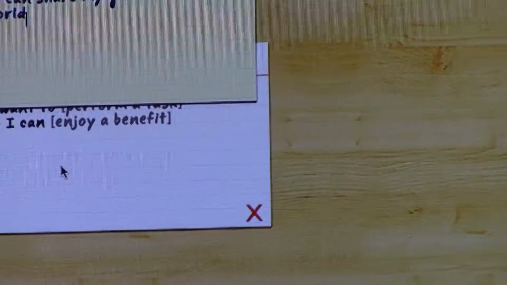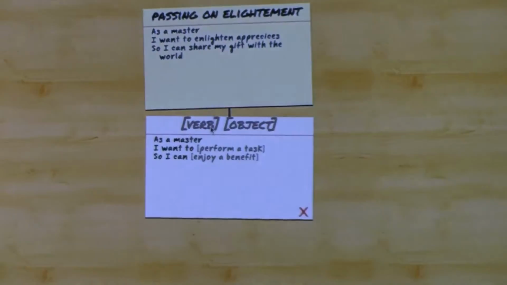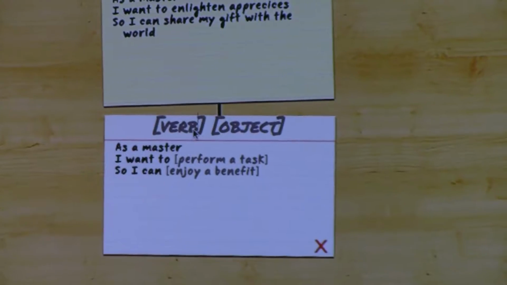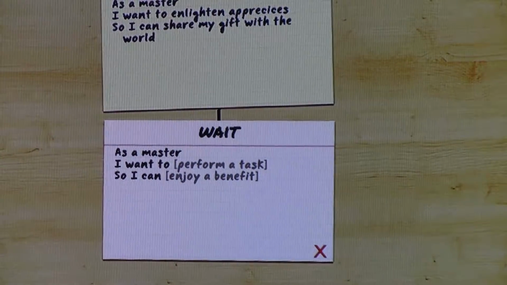Okay, so what am I going to do? I clicked it twice. It's a little laggy. I'll put this over here, out of the way. What we're going to do is wait for a chat. What is the first thing the master does?